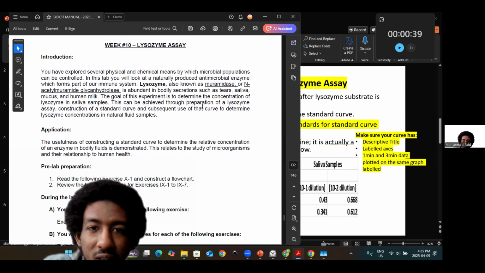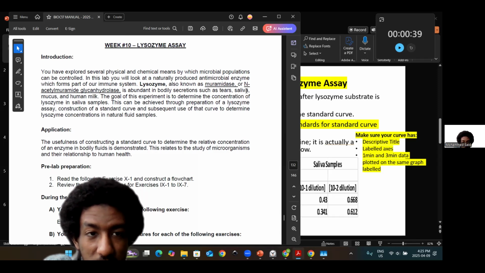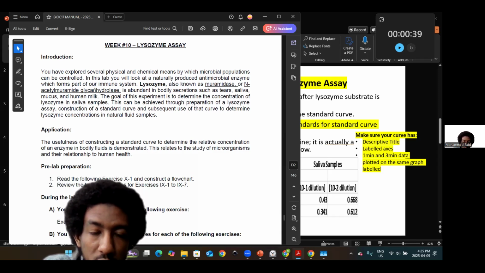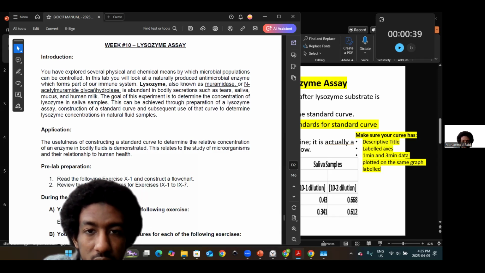Lysozyme for week 10 is also known as a neuraminidase, and this is something to bear in mind for those interested in research: the glycolysis of a specific glycan, like a proteoglycan found on the surface of your bacteria.